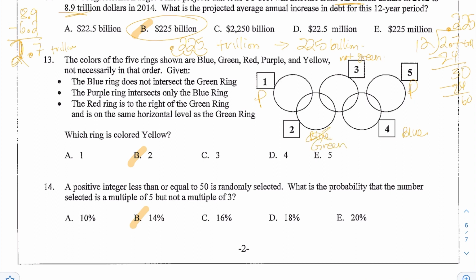To be green, to be red, or rather, because then the blue gets canceled out, so never mind. So one of the ends would have to be green. So this would be purple, this would be blue, the middle would be red, and then yellow would have to be here.